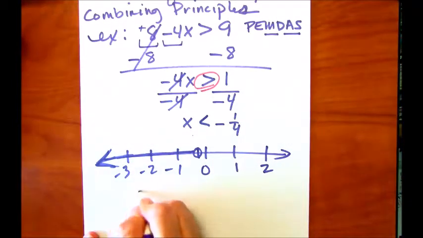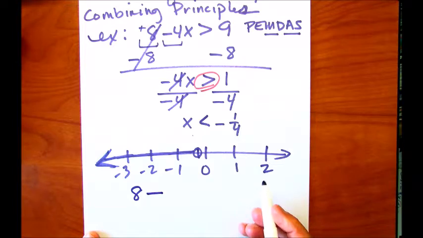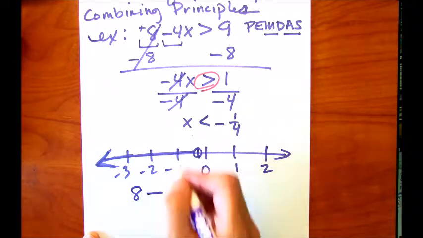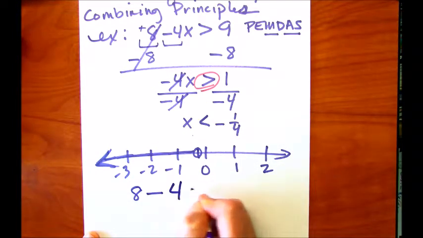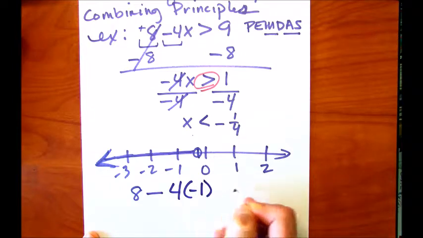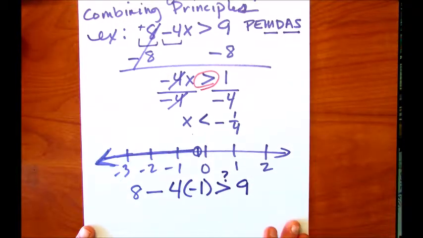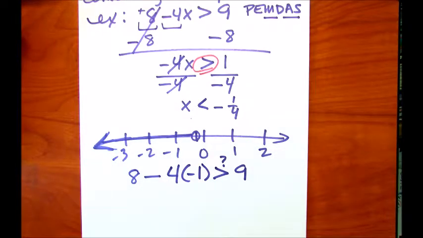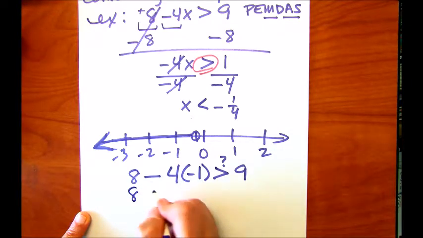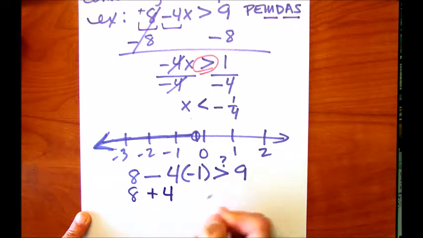We're starting with 8 minus, and we've got the -4, and I'm going to choose -1, greater than 9. I'm going to use a little question mark there because we're going to see if this is actually true, if it's going to work. We're always going to multiply first, so we've got 8, and a -4 times a -1 is a +4.